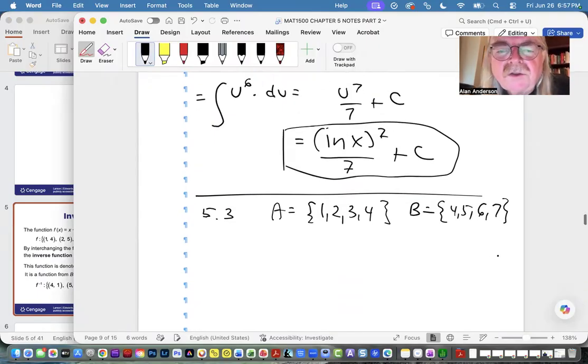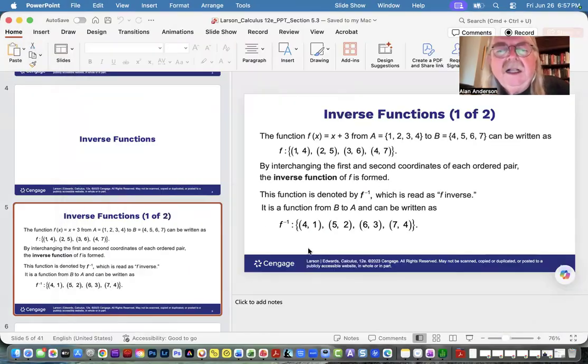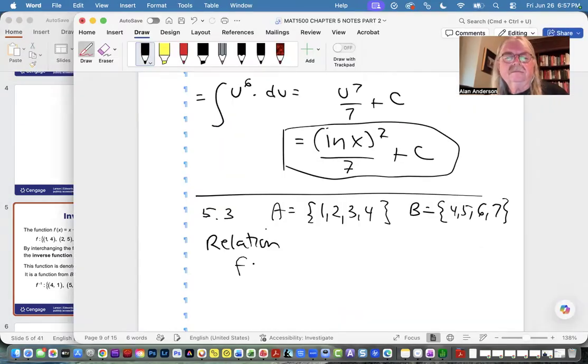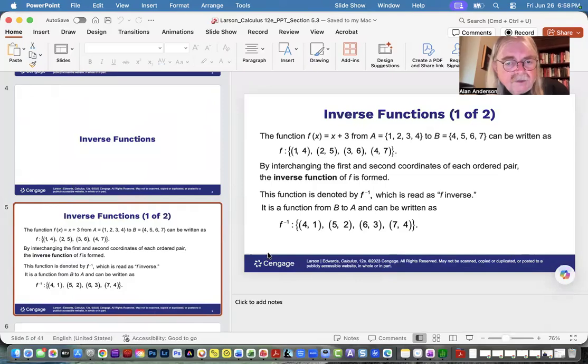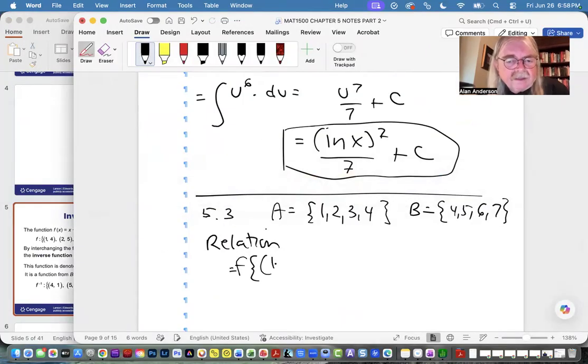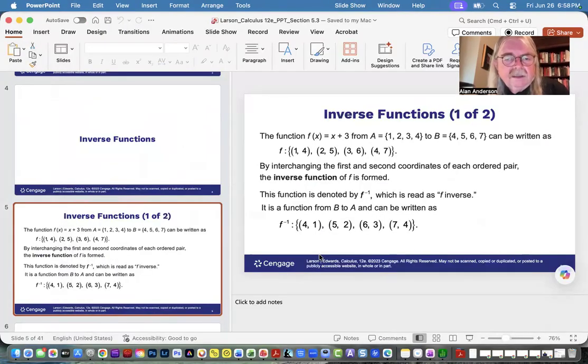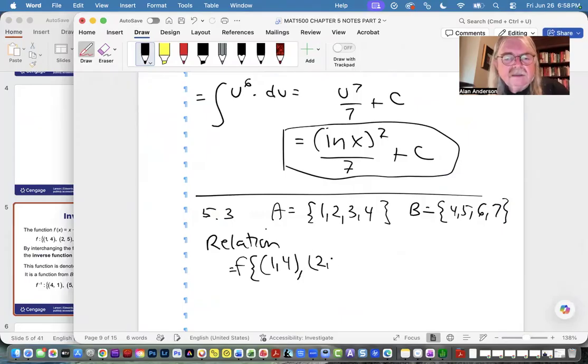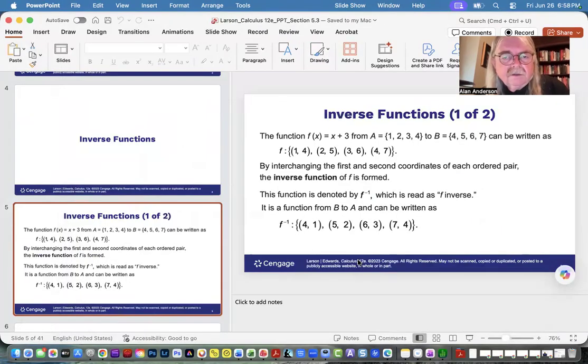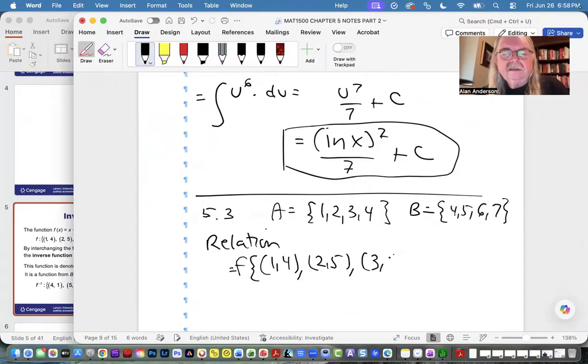So we're going to illustrate what's called a relation as a set of ordered pairs. So yeah, okay, they're going to write like this: (1, 4), (2, 5), (3, 6), and (4, 7).